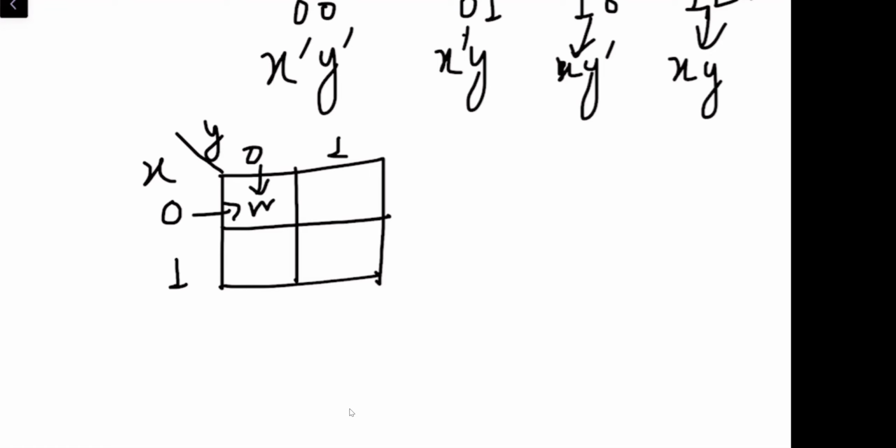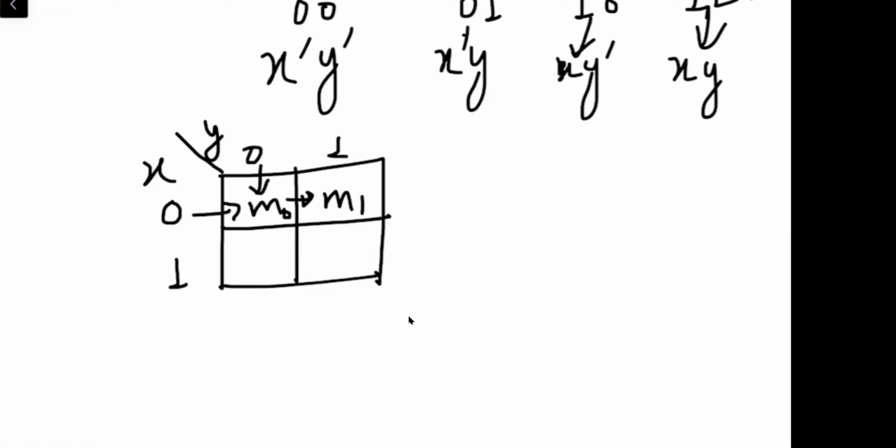Now, in the very first box, where x is 0 and y is 0, we say this is going to be minterm m of 0. In this complete row, x is 0. So in the second box, x is 0, y is 1, so we say this is minterm m of 1.